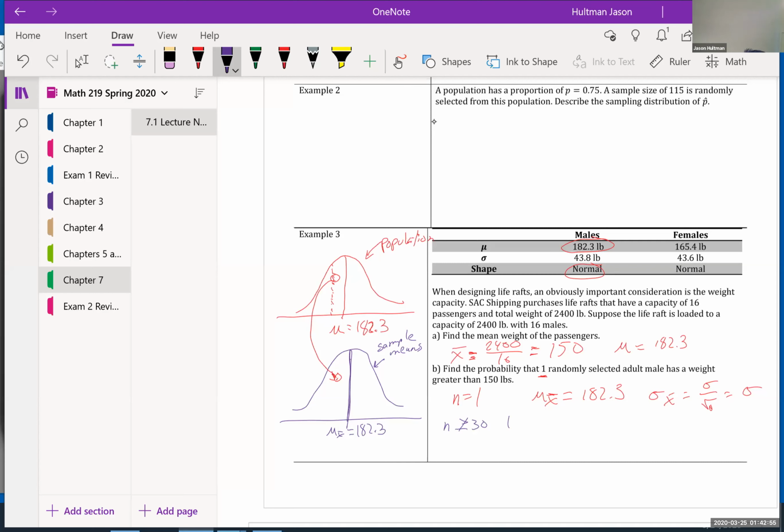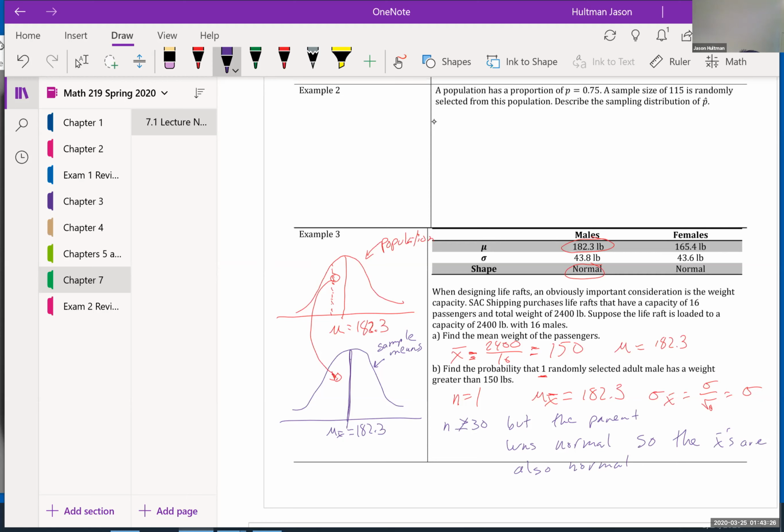But what do we know? The parent distribution was normal. So the sample distribution, the x bars, are also normal.